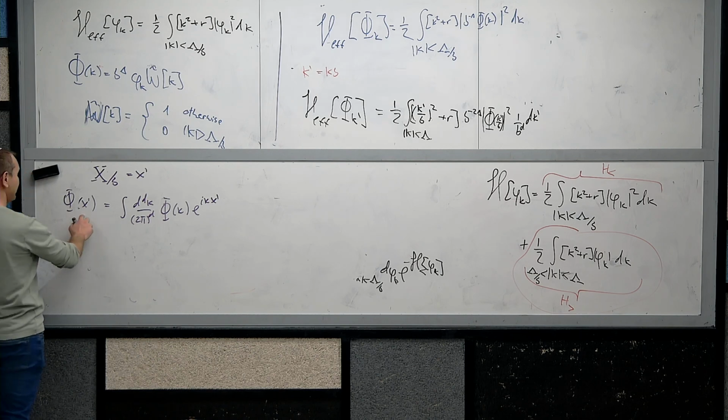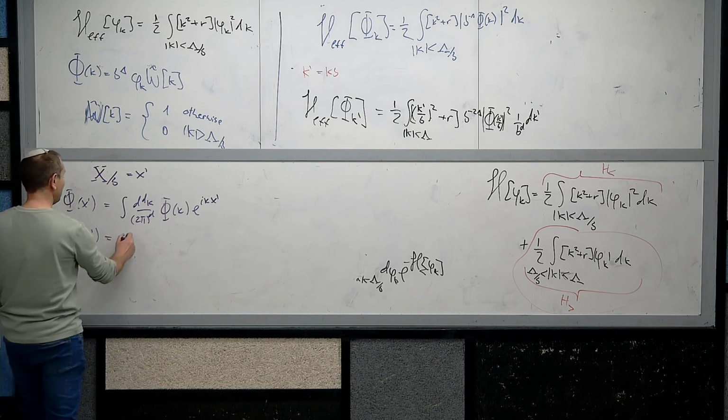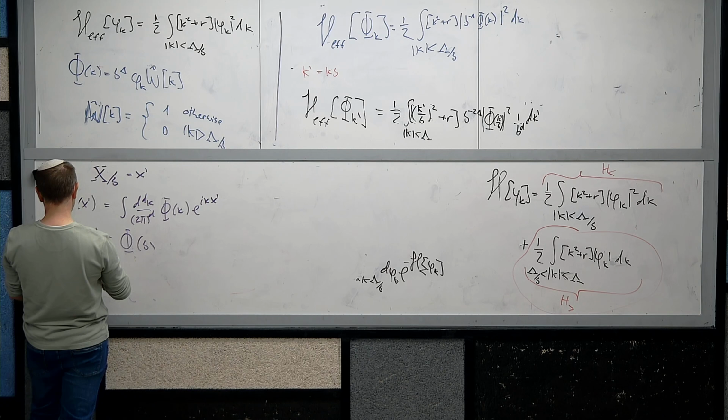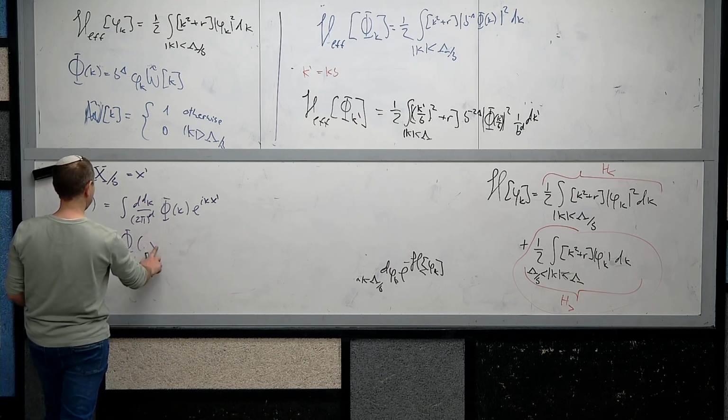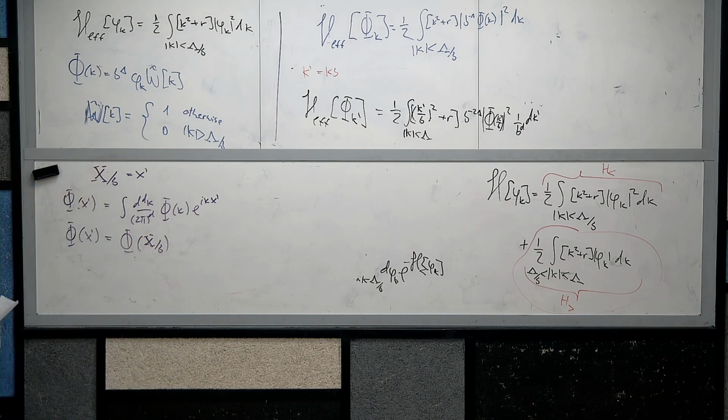I know that phi of x prime equals phi of b x prime, it is x divided by b. This is the big connection.